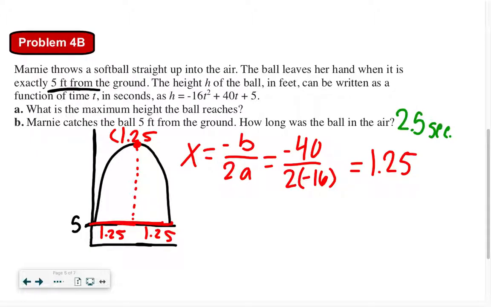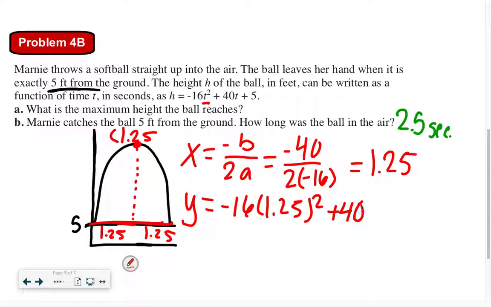Still gotta answer the question, what's the max height? How am I gonna do that? Plug it in. It's not technically called x, it's called t, but whatever. So we got our y, our height, negative 16 times 1.25 squared plus 40 times 1.25 plus 5. All that calculator work.